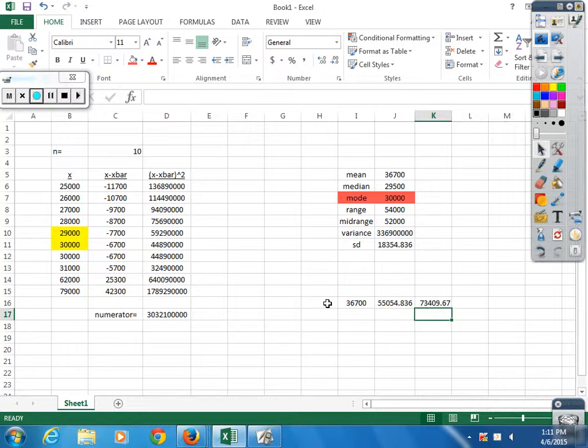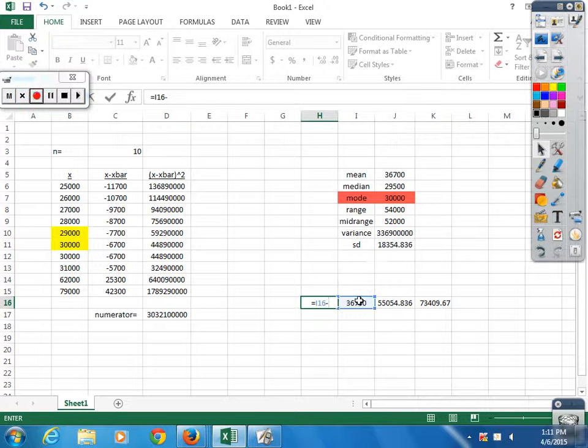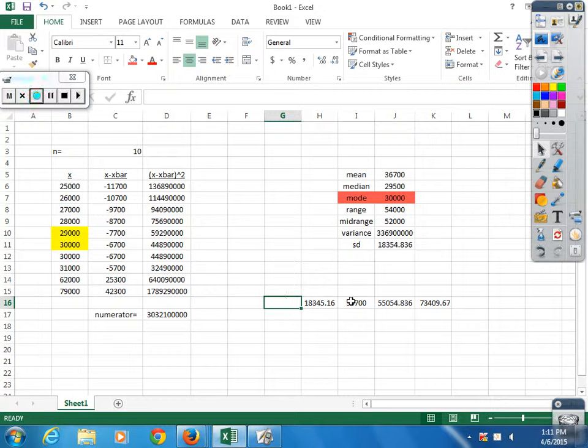And on the left side, you subtract the standard deviation.